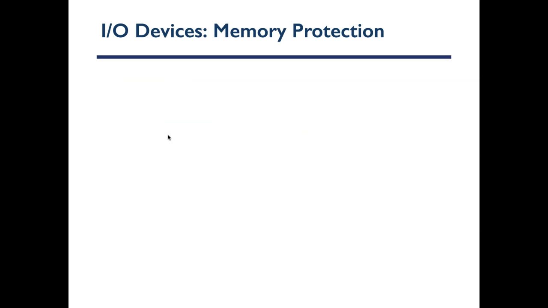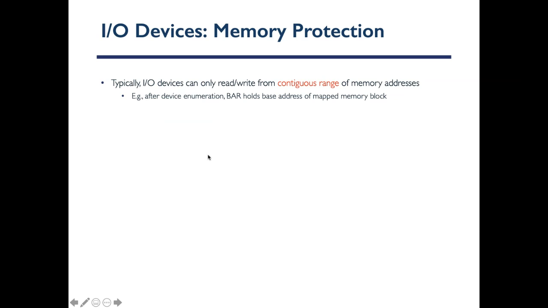Now, what about memory protection? Here's where the question that was raised should hopefully get an answer. Typically, I/O devices can only read and write from a contiguous range of memory addresses.